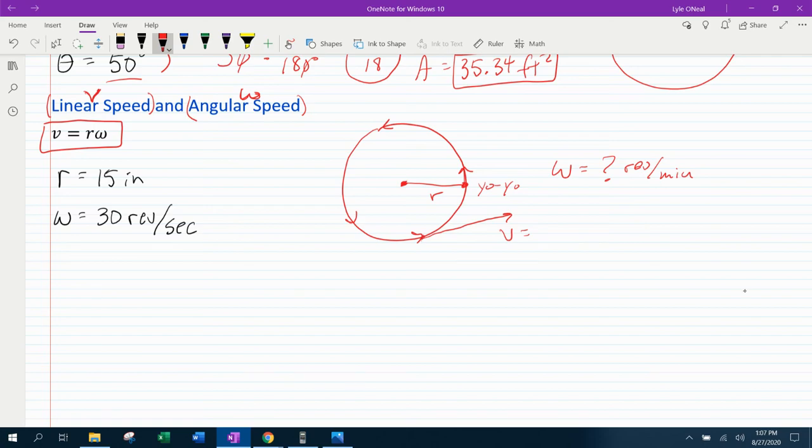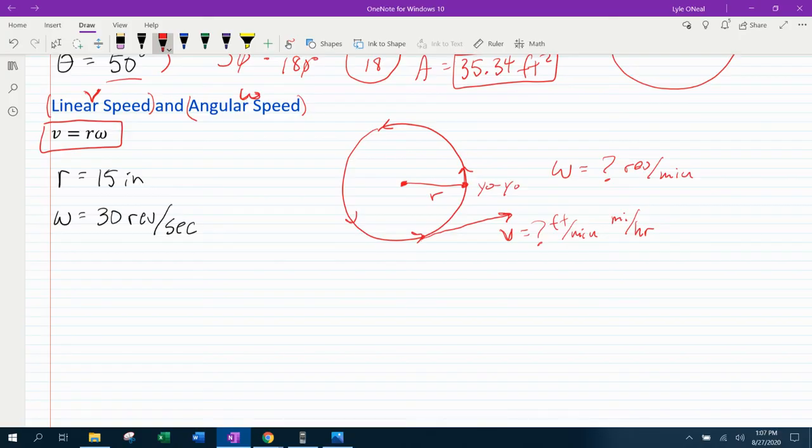If it comes unattached from the string, it's going to go in an approximately straight line. If there was no gravity, it would go in a straight line, but it's going to take off in some linear speed, like meters per second or feet per minute or whatever. It's going to be so many feet per minute or miles per hour. It's going to be some length over time unit.